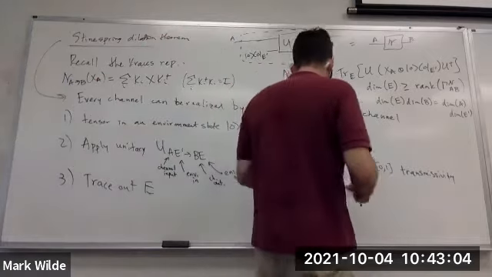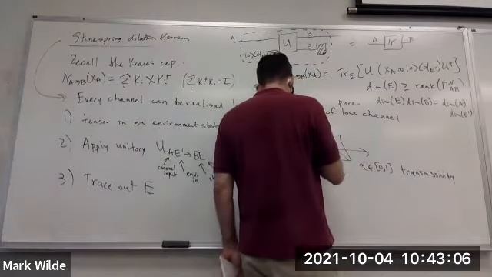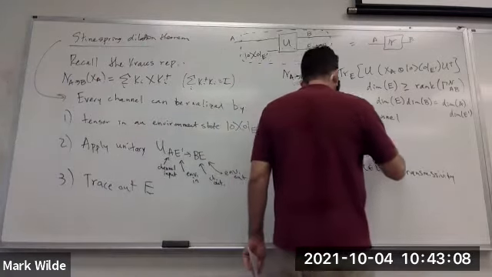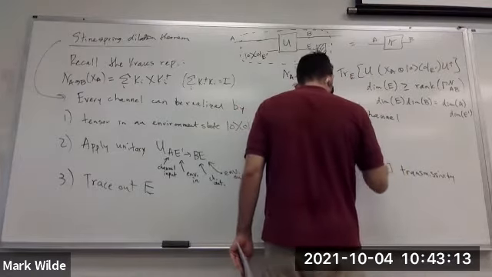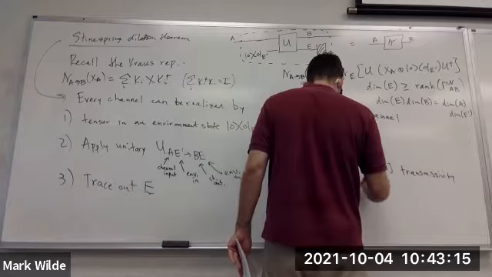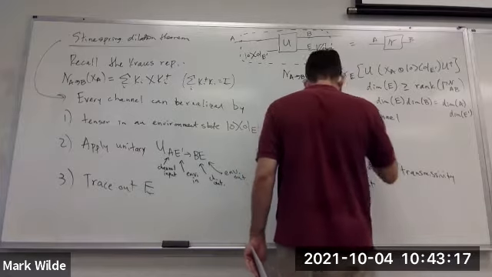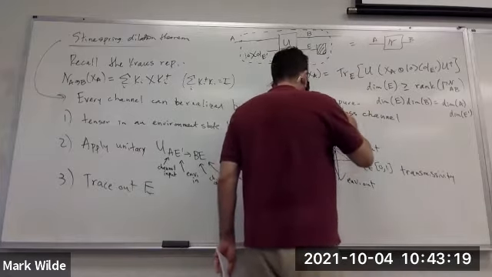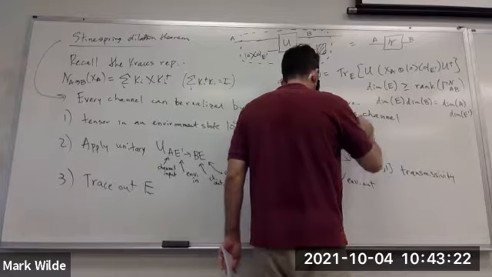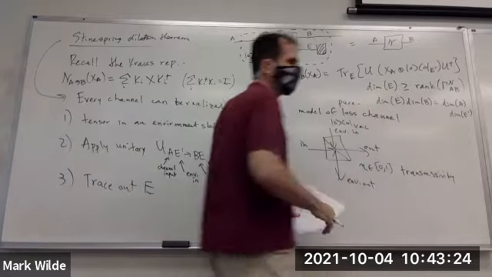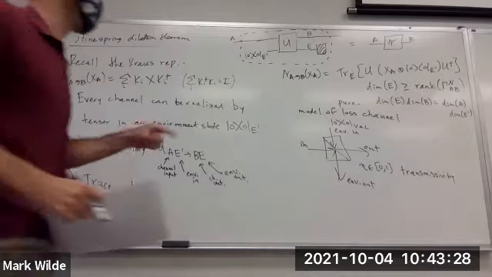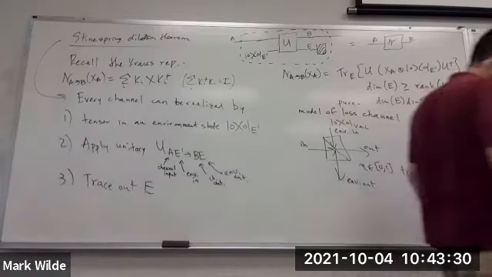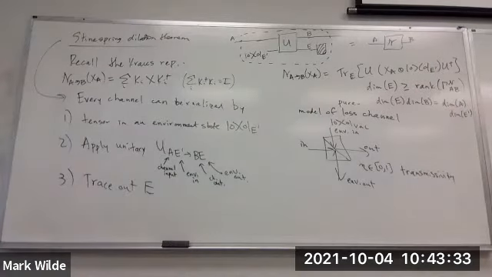This is the most common model used. So this is the input, the channel input. This is the channel output. And this is the environment input and the environment output. If the channel is a pure loss channel, then the state of the environment is initialized to the vacuum, meaning 0 photons present. When I write this 0, it's different from the 0 that we write for the computational basis.